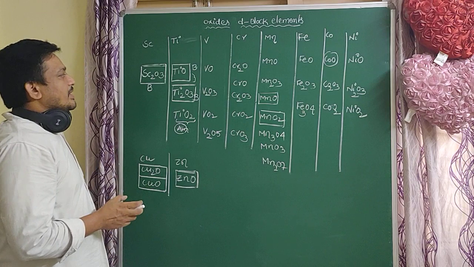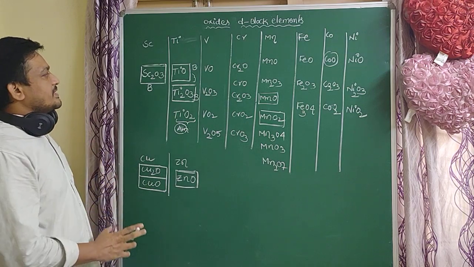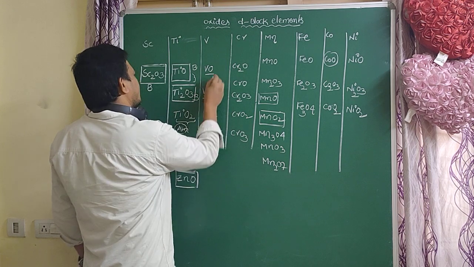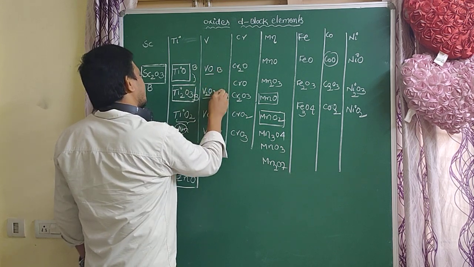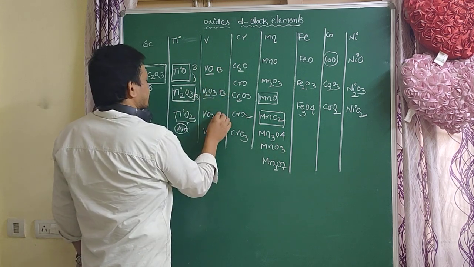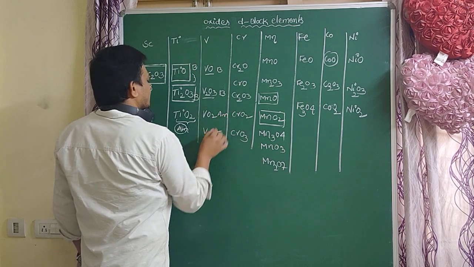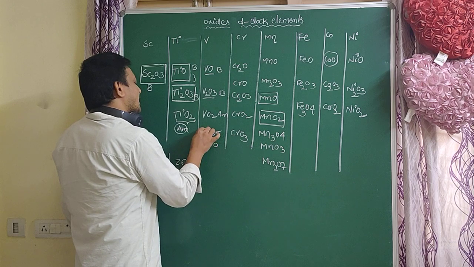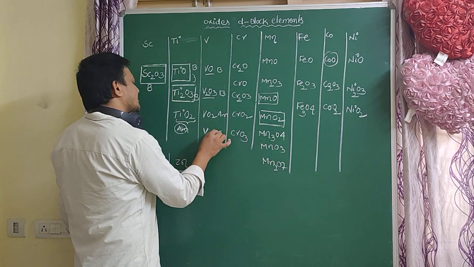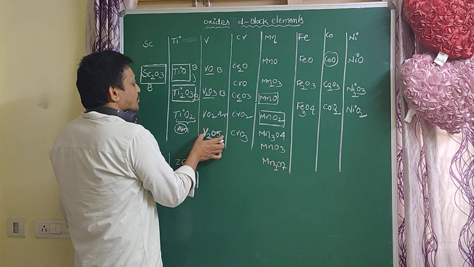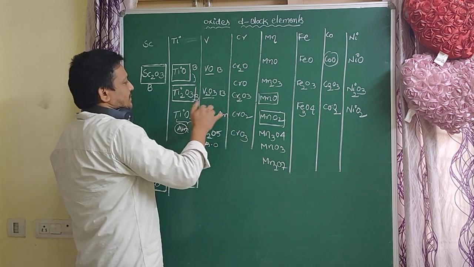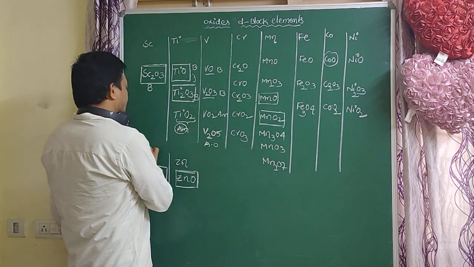Now vanadium can form some oxides. VO and V2O3 are basic oxides. VO2 is an amphoteric oxide, and V2O5 is acidic. But as per the NCERT syllabus, V2O5 is amphoteric, though it has more acidic properties compared to basic properties.